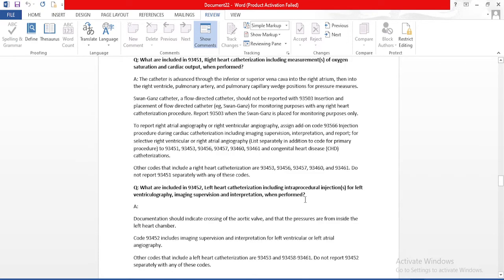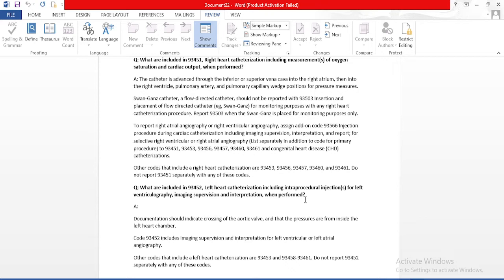What is included in 93451 right heart catheterization, including measurement of oxygen saturation and cardiac output when performed. The catheter is advanced through the inferior or superior vena cava into the right atrium, then into the right ventricle, pulmonary artery and pulmonary capillary wedge position for pressure measurements.